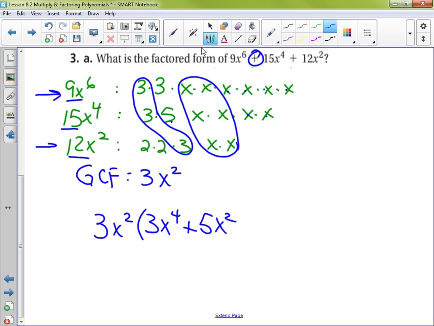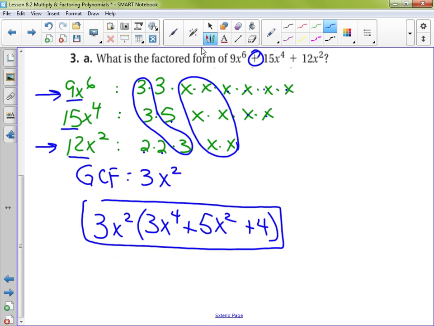And then the last number, 12x squared, the only thing that's not circled is a 2 times a 2, which is 4. And that's the answer. And again, I could go back and distribute, go backwards to see if I got the right answer, but I'm going to tell you this is the correct answer.